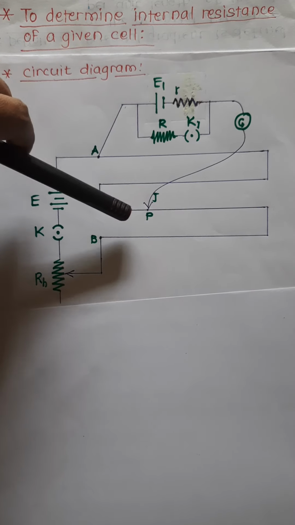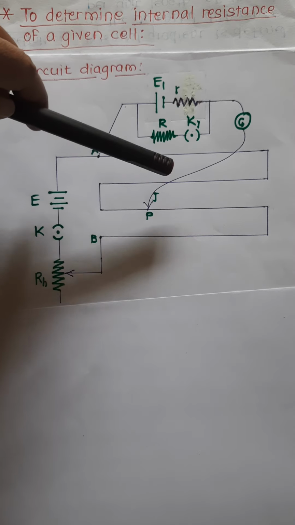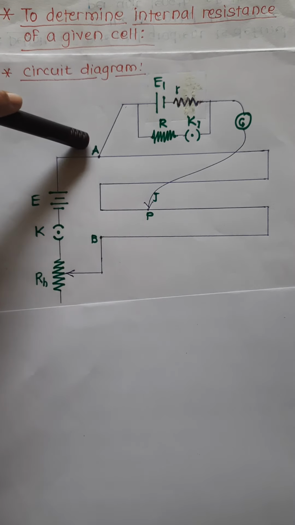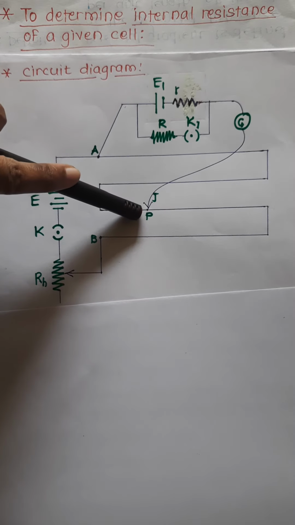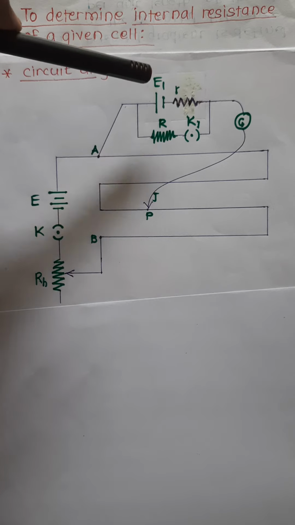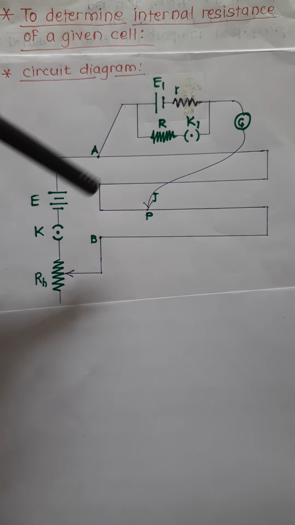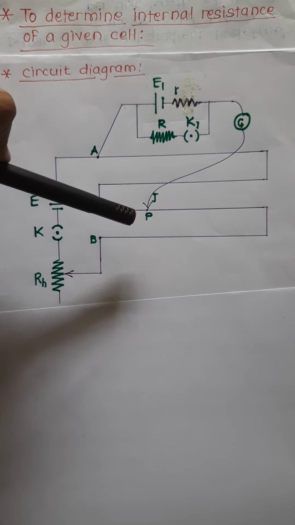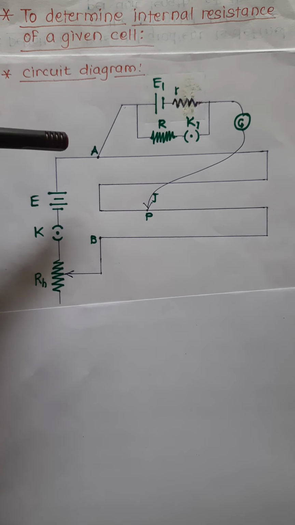Now at this point P, when no current is passing through this galvanometer, we can say that the potential difference between points A and P of the wire balances EMF of the cell E1. Therefore, we can write potential difference between points A and P is equal to E1.